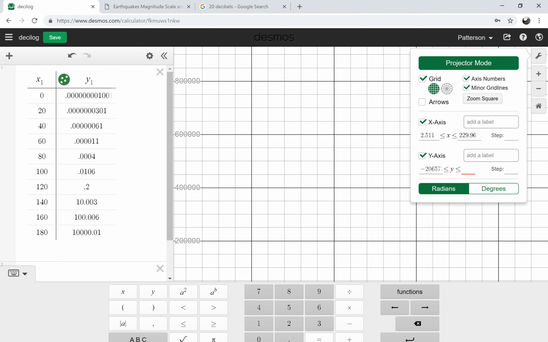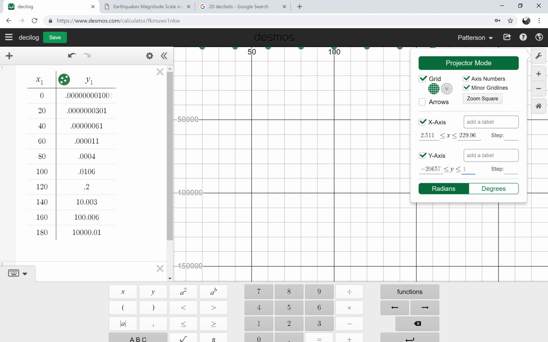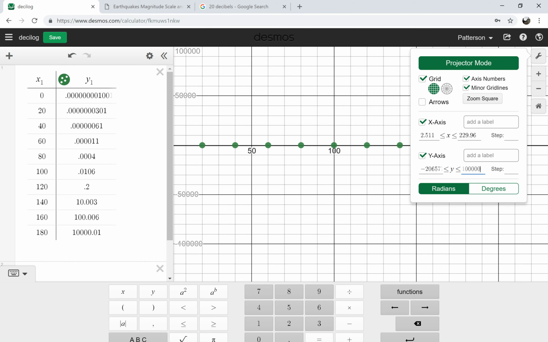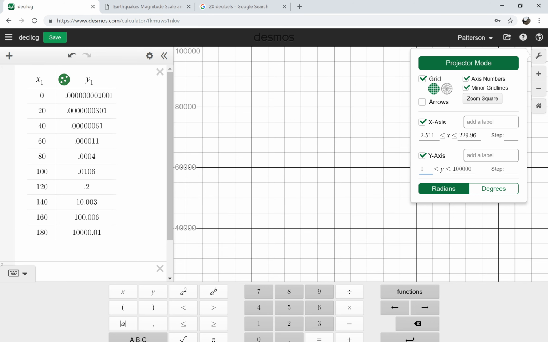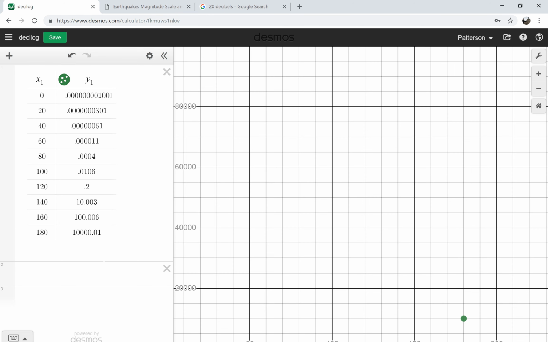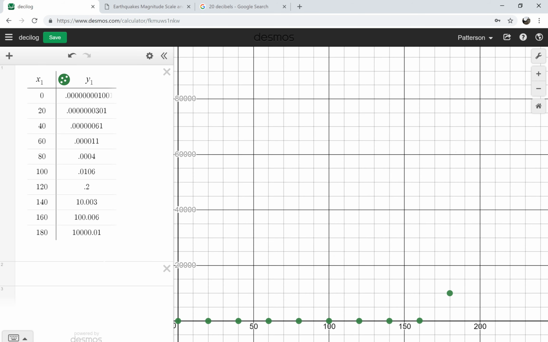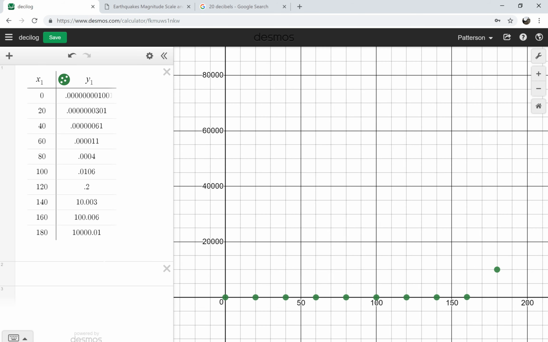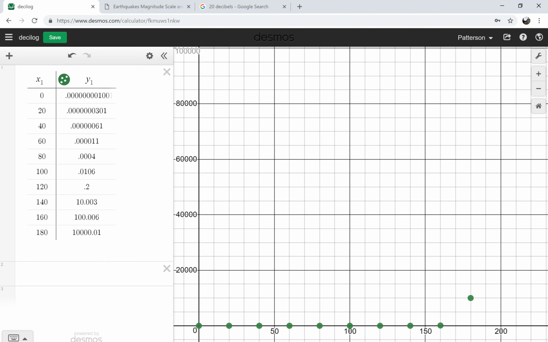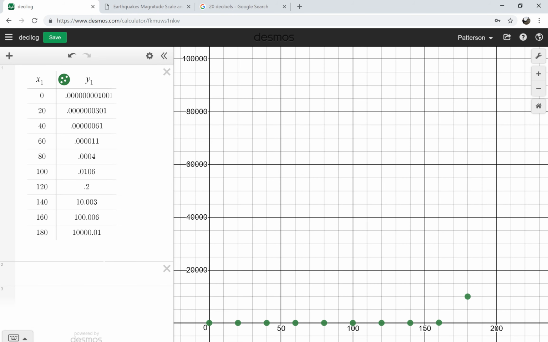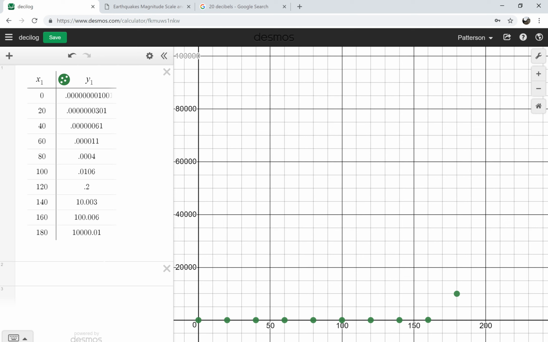Let's see, I need 1, 2, 3, 4, 5. This one doesn't need it. This one can be 0. Okay, let's see what we got here. Okay, so we got 1 point here, and that should be 180. I'm missing the 180. It must be right up there someplace. Okay, it's not showing up. Whoops, this thing keeps messing up on me.